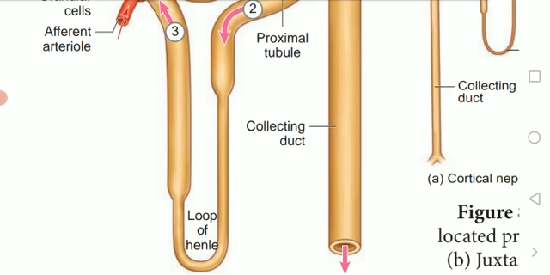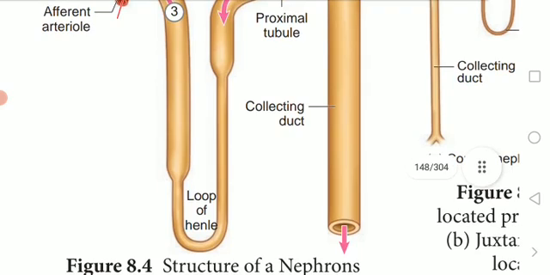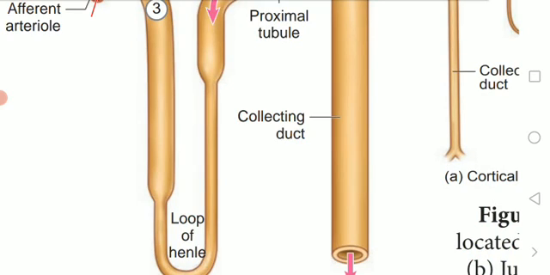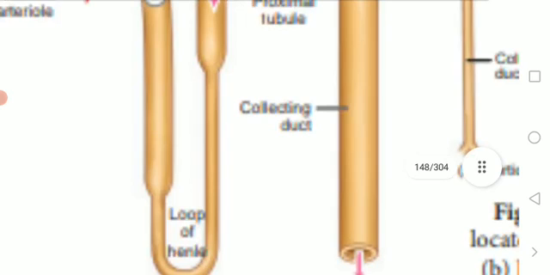So in this area only, the glucose, lactate, amino acids, sodium, and water are reabsorbed. Sodium is reabsorbed by active transport through the sodium potassium pump. A small amount of uric acid is also reabsorbed in the proximal convoluted tubule.